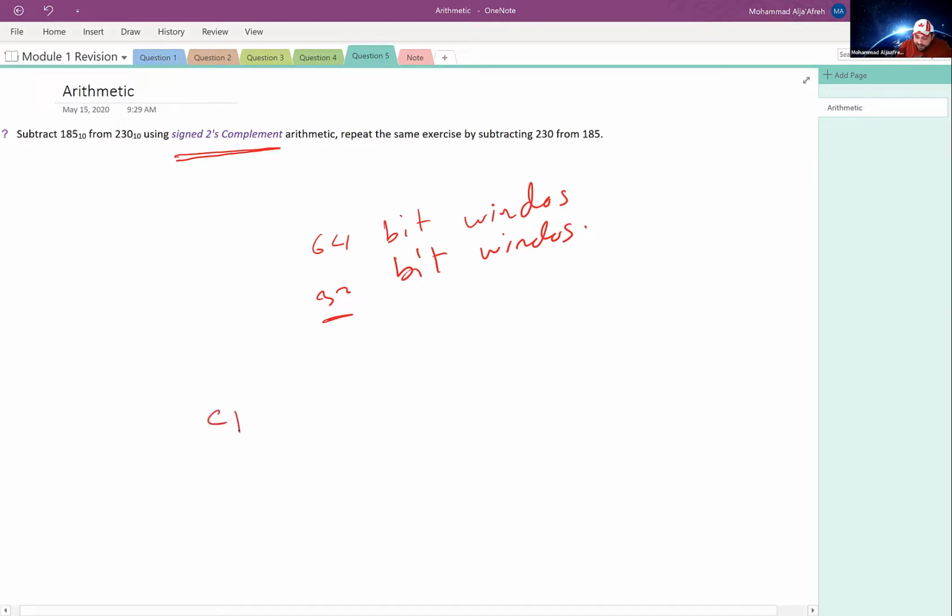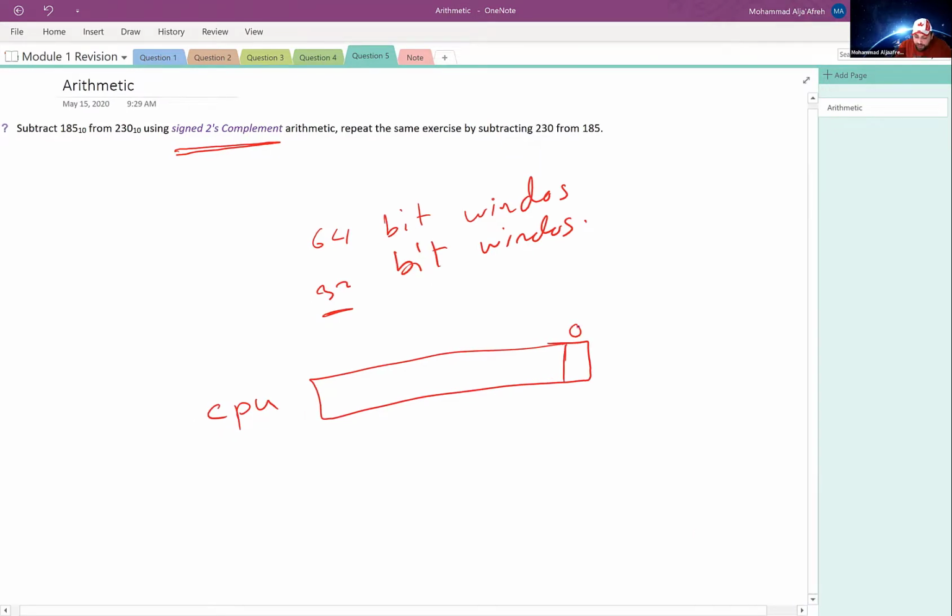Because if your CPU is built on a 32-bit architecture, that means the maximum addressable memory, all the instructions in the CPU, will be executed in a binary notation from 0 up to 31. That means the number of possible combinations is 2 to the power 32. And 2 to the power 32 means that your RAM, your random access memory, will be limited to something equivalent to 4 gigabytes.